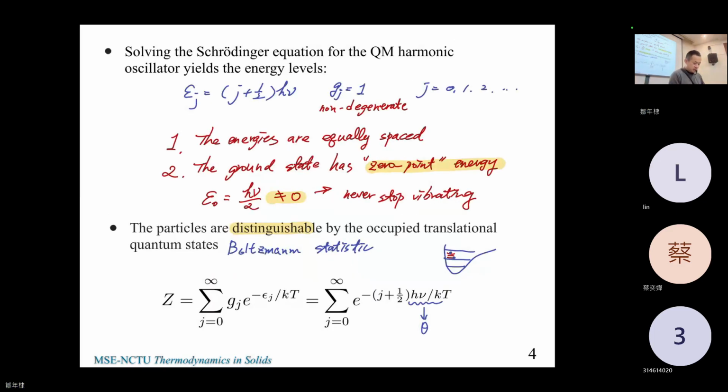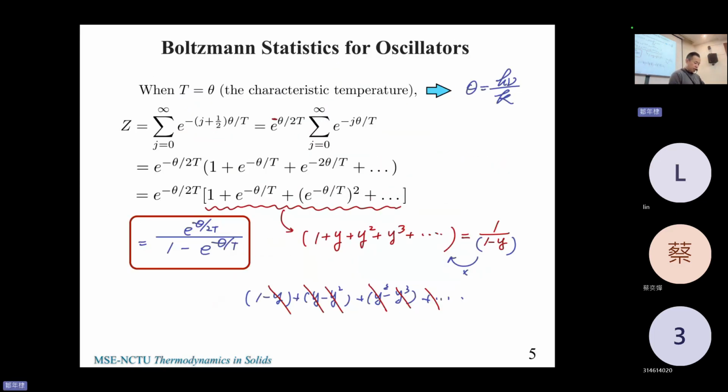Then we discuss the oscillator for Boltzmann statistics, and we introduce a really useful mathematical tool: 1 + y + y squared + y cubed, etc., equals 1 over 1 minus y. This is so useful later. Why?